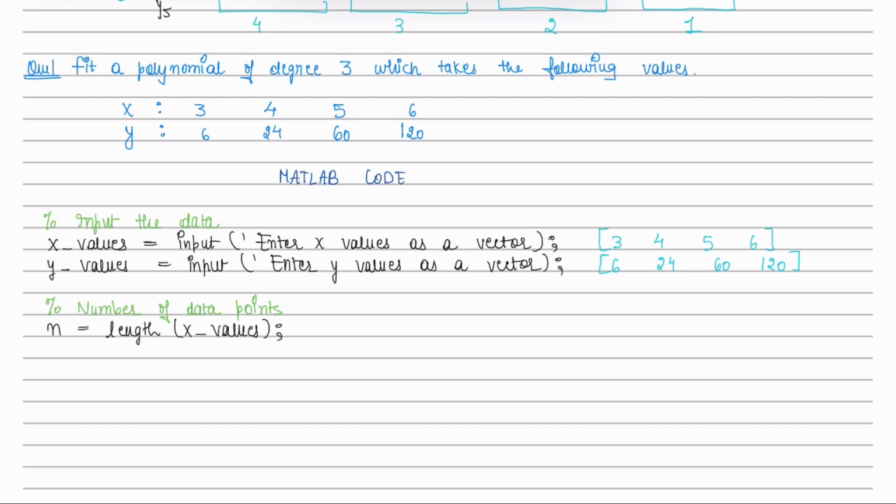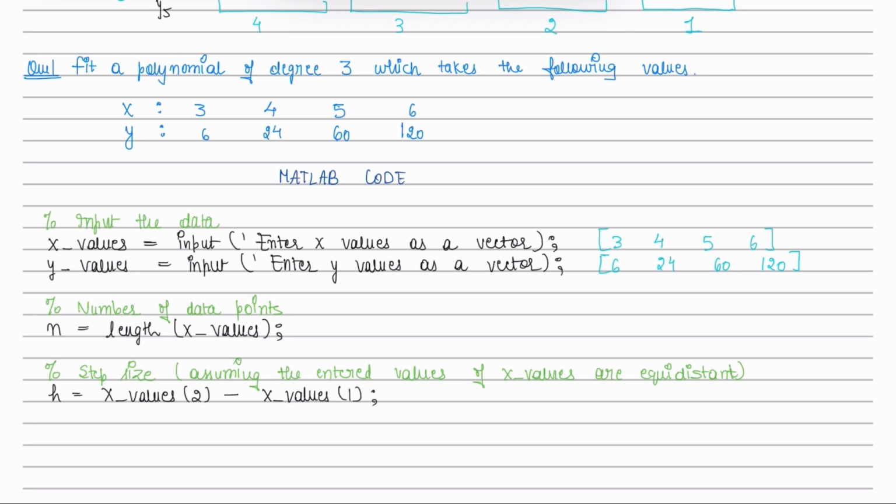In Newton's forward or backward interpolation formula, we always assume that the x values are equidistant, and if they are equidistant, then we have to find their difference, that is the value of h, which will be equals to x values at index 2 minus x values at index 1.